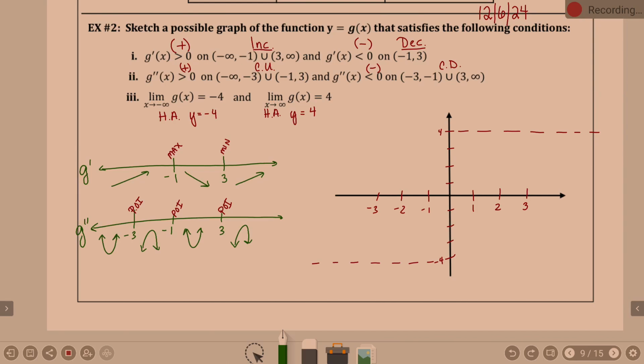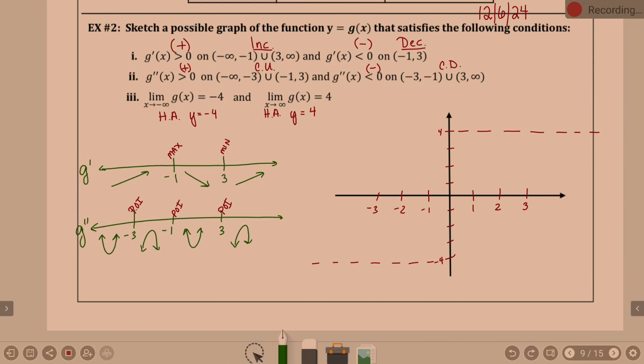So my graph is starting off increasing and concave up, yes? Now, at -3, there's going to be a point of inflection. So it's going to change concavity. It's going to go from increasing and concave up to still increasing but concave down.